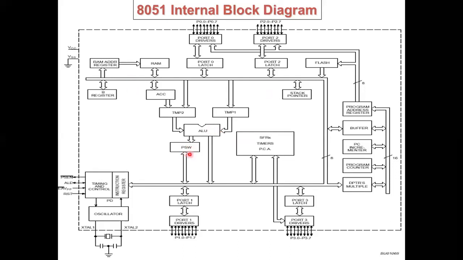Okay. Then special function registers and timers. So what is a special function register? For example, in 8085 we have MOV A, B. Those registers are defined in the internal memory. So we are not putting any opcode for the registers.